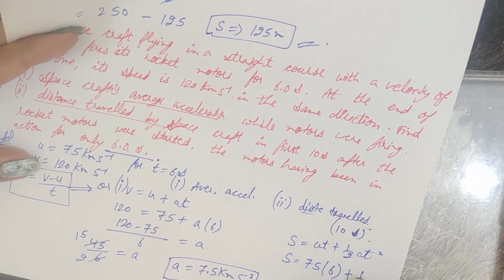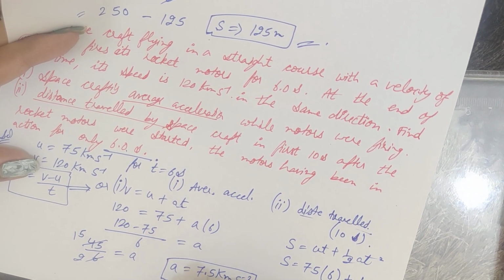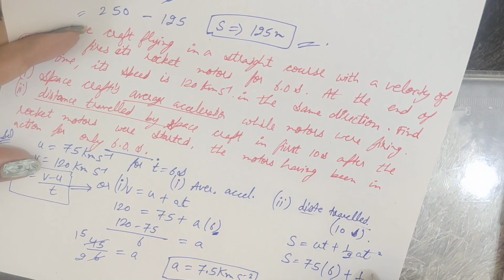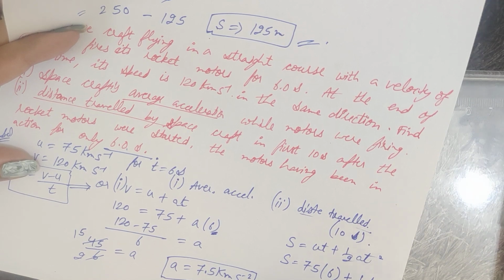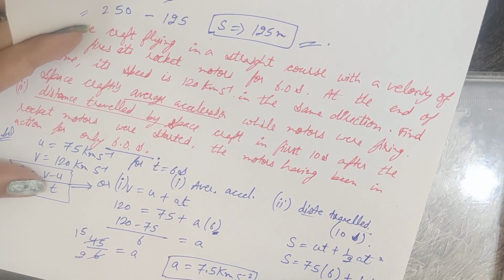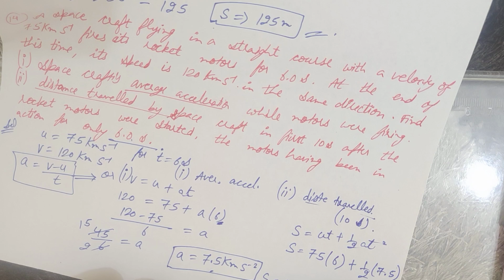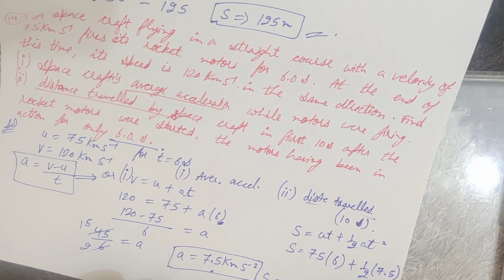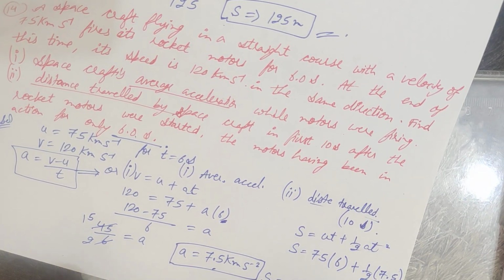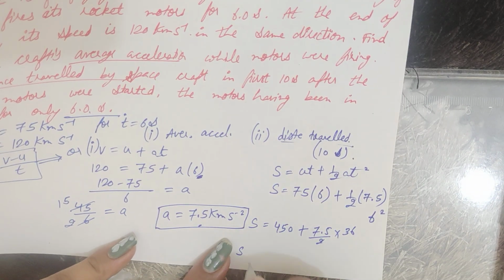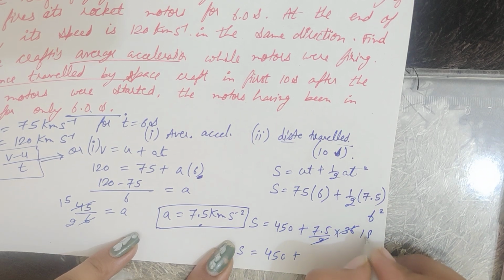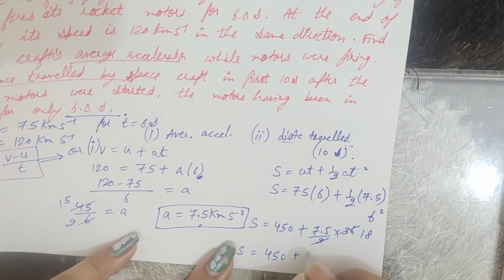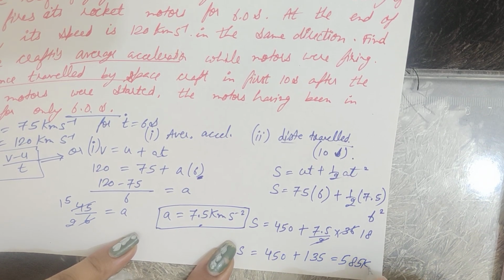For the 6 seconds, we will find it, and this is also for 6 seconds, because we find it for the time 6 only. 7.5 into square of 6. s is equal to 450 plus 7.5 by 2 into 36. After solving, s is equal to 450 plus 135, which is equal to 585 kilometer.